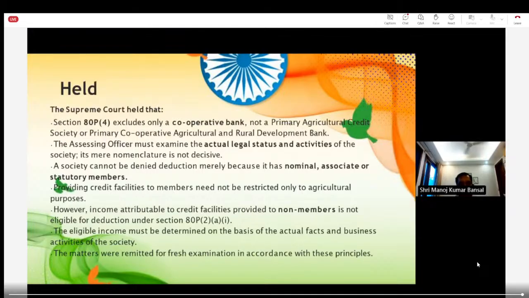This is a landmark judgment. The eligible income must be determined on the basis of the actual facts and business activities of the society. The matters were remitted for fresh examination in accordance with these principles.